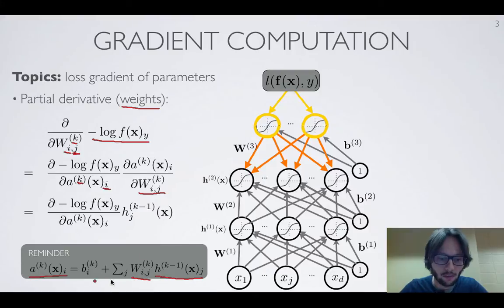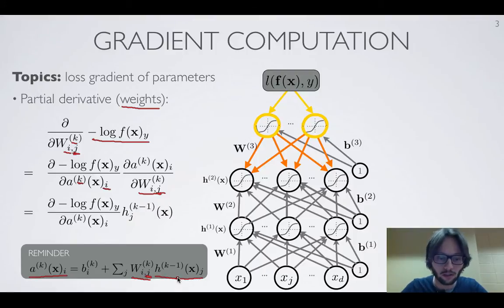And now in this sum, the gradient with respect to W^(k)_ij of the bias term is 0. This does not depend on the weights. And here we have a sum that involves a bunch of different weights, but the only one that matters, that involves W^(k)_ij, is the one for the value of j that corresponds to this j here. So we'll have this parameter multiplied by the activation of the jth hidden unit at the layer below.